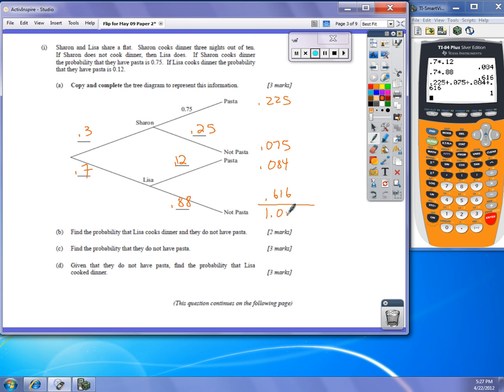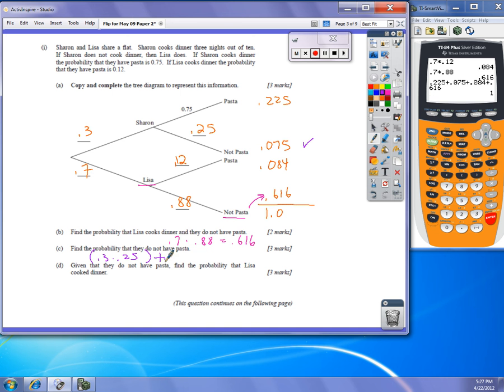Now, the probability that Lisa cooks dinner and they don't have pasta. So Lisa cooks, they don't have pasta. That's 0.7 times 0.88, 0.616. The probability that they don't have pasta: no pasta is here, that's 0.3 times 0.25. I would show your work for this because you can get partial credit if you have some kind of mistake along the way.